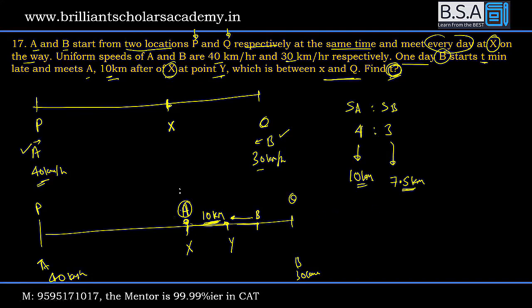When A arrived here, B कितना दूर था? B was 17.5 kilometers away.